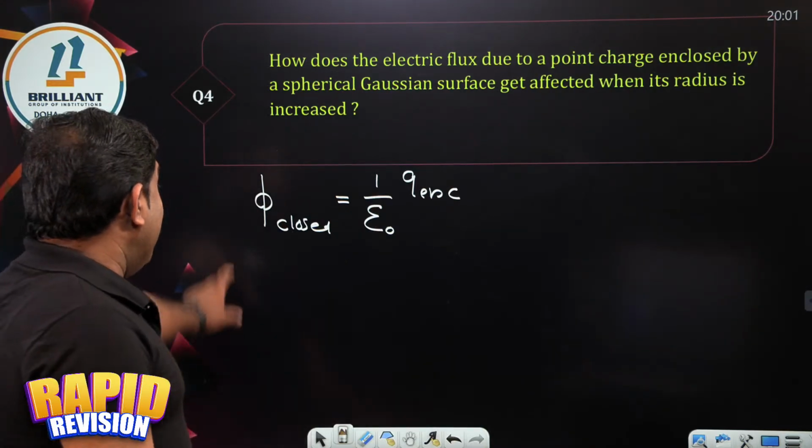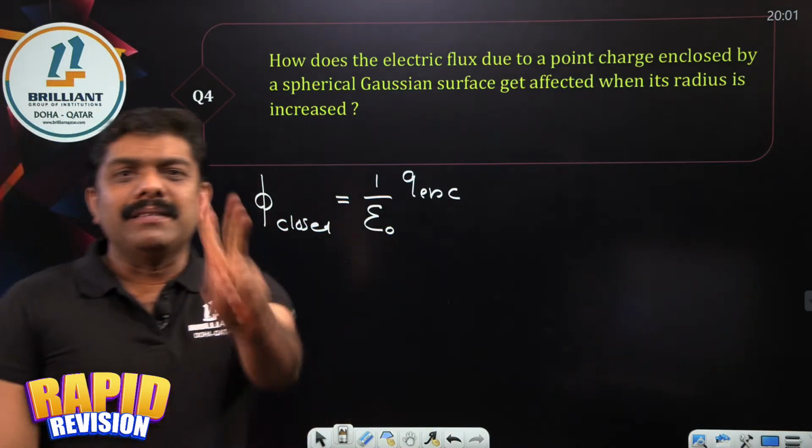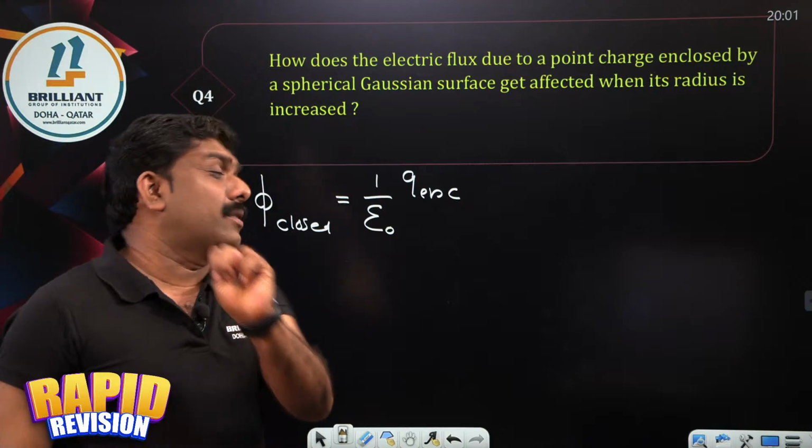So you can see the flux passing through a closed surface depends only on two things. Which are the two things?